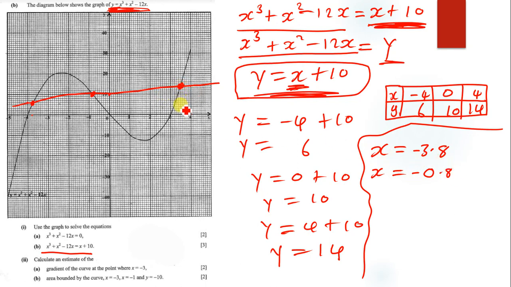If you look at it properly, I'm going to get it as 3.5. So the other x value is simply 3.5. So these are the three values of x that you need. I mean, these are the approximate solutions of this equation here.